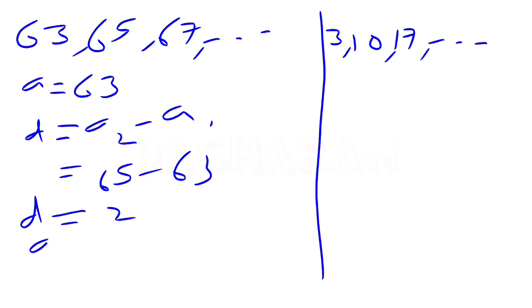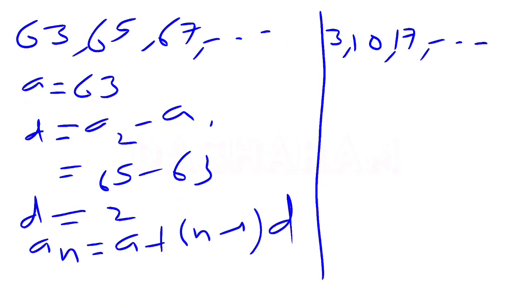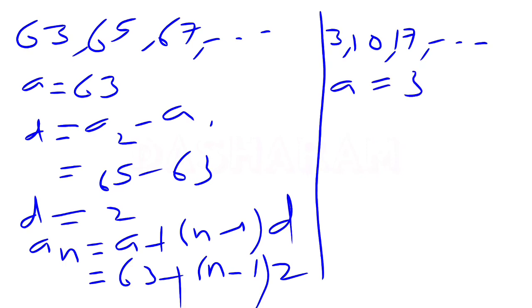Then an equals a plus n minus 1 into d. The a value is 63, plus n minus 1 into d, which is 2. So this is the nth term in the first AP. Coming to the second AP, the a value is 3 and the d value is 10 minus 3, that is 7.